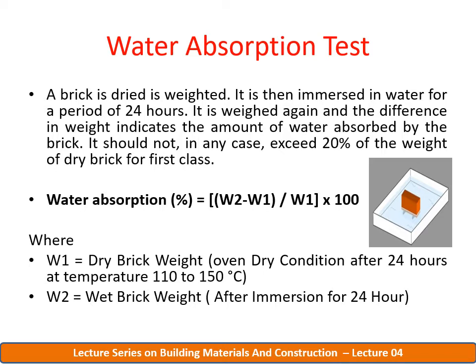Take out the sample from the water and wipe all water from its surface with a wet cloth. Complete weighing of the specimen 3 minutes after the specimen has been removed from the water. Let this weight be W2.